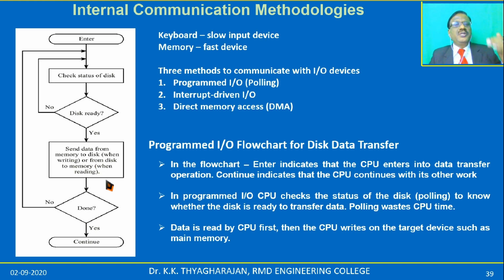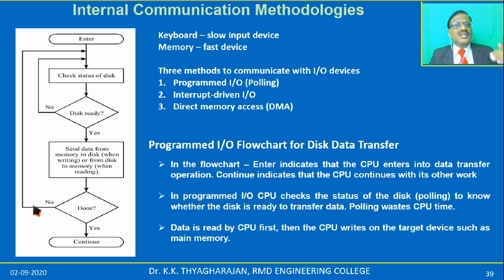Then from the CPU, the data will be sent to main memory, because the data transfer will be done only through the CPU or microprocessor. If the data transfer is over, then the CPU will continue with other works.